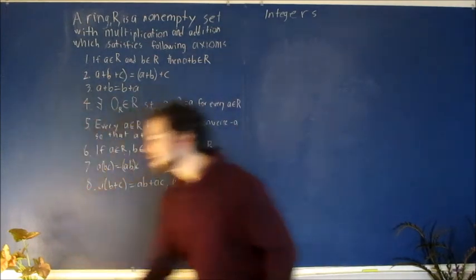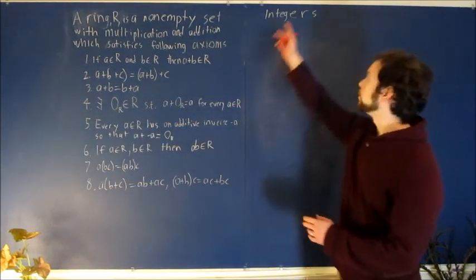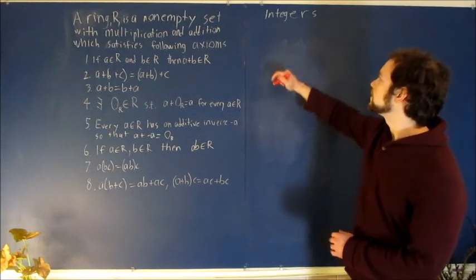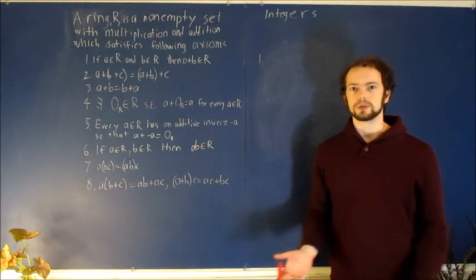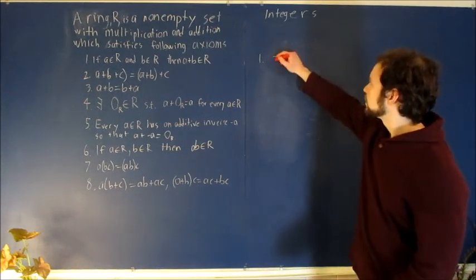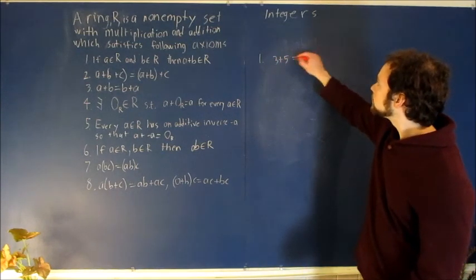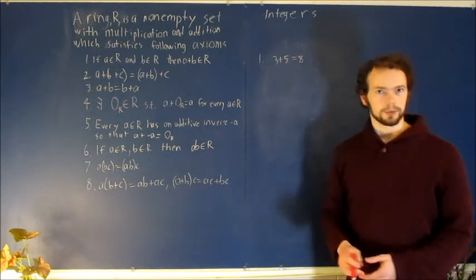All right, so as we're going through this, we'll see how the integers satisfies these, right? So for the integers, if you just take any 2 integers, say 3 plus 5, in this case we'd get 8, right?